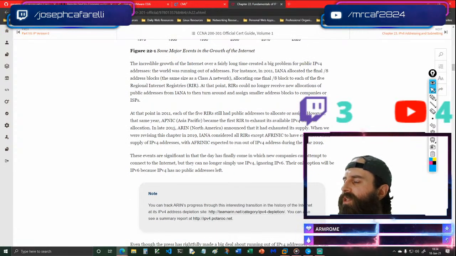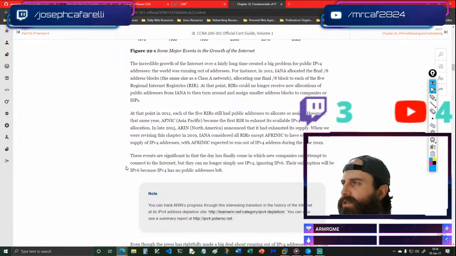So this book was written in early 2019. It was just saying that the African region was gearing up to run out of IPv version 4 addresses in 2019.